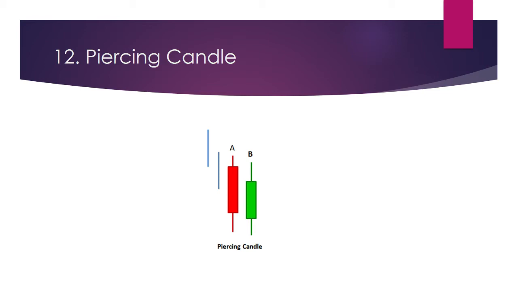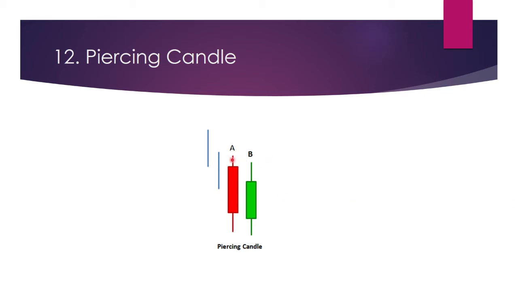It consists of two candles, A and B, where A is a bearish candle and B is a bullish candle. The open price of candle B may be equal or below candle A's closing price.